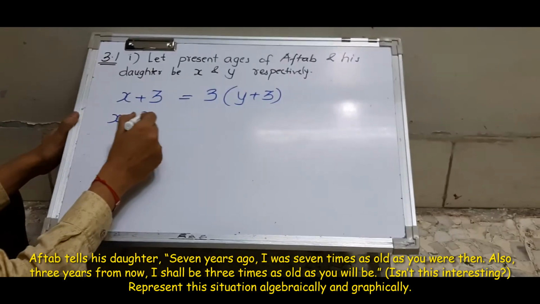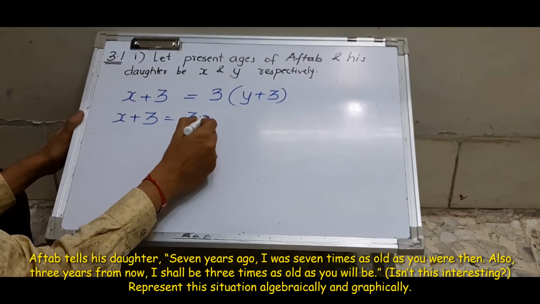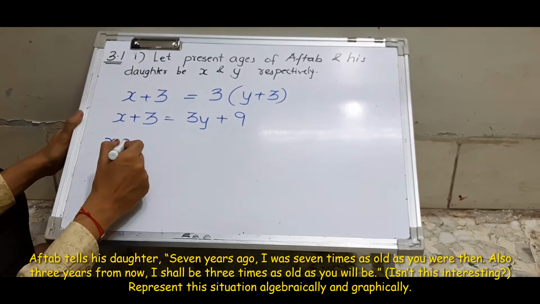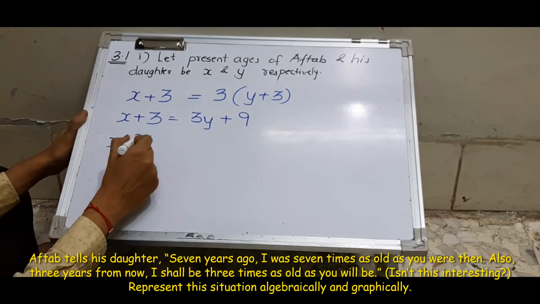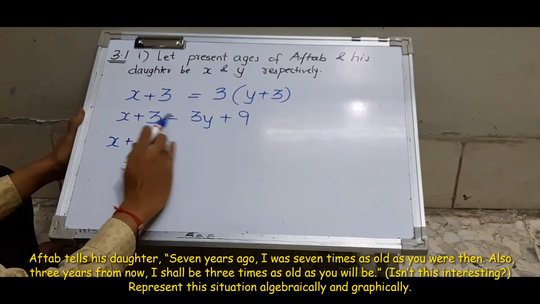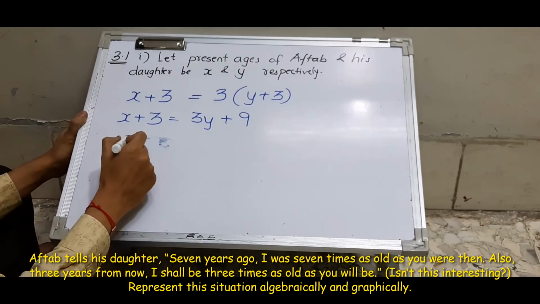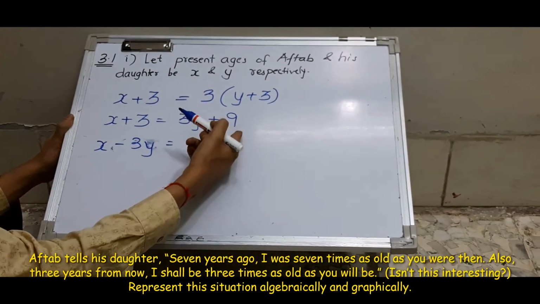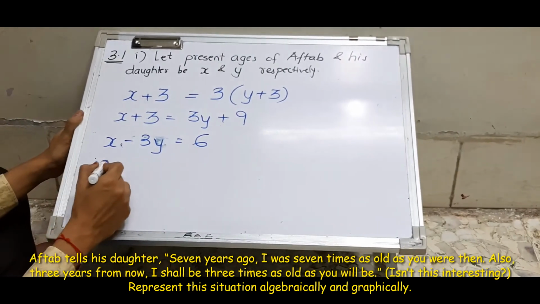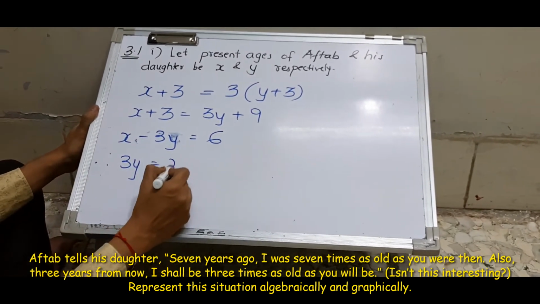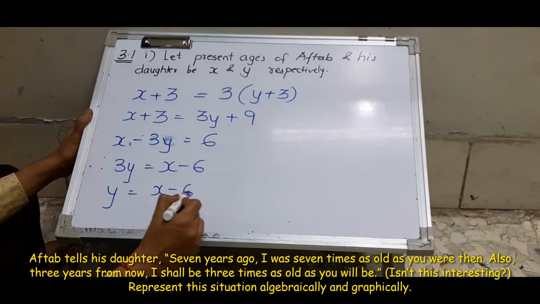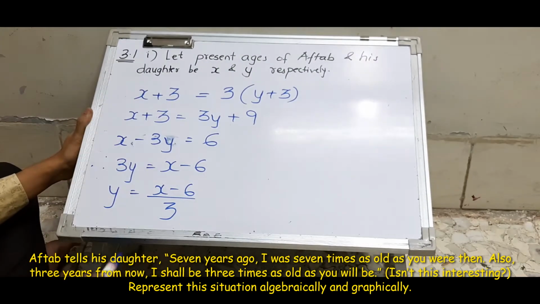So x plus 3 equals 3y plus 9. Therefore x minus 3y equals 9 minus 3, which is 6. Therefore 3y equals x minus 6. So y becomes x minus 6 upon 3.